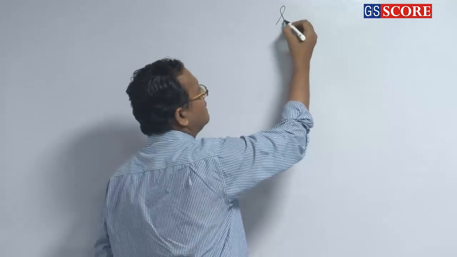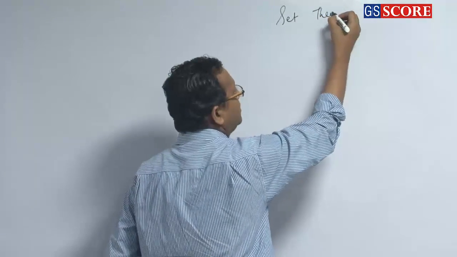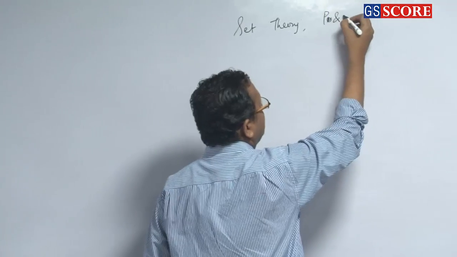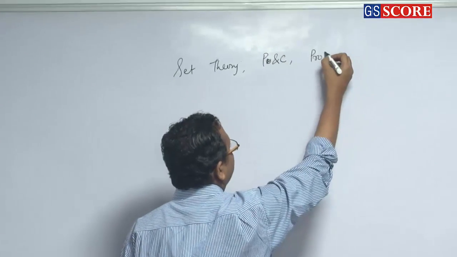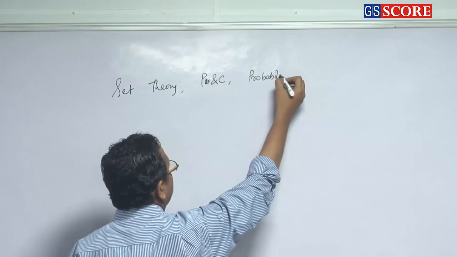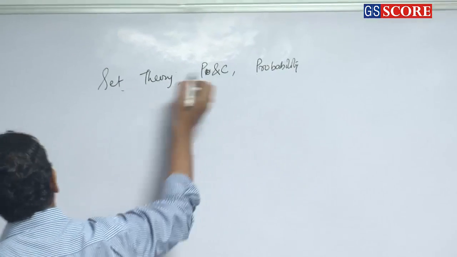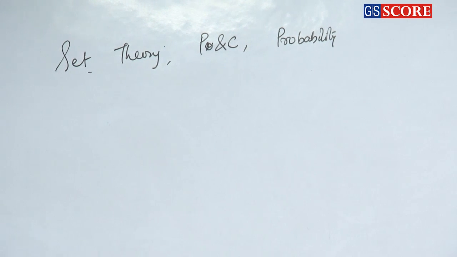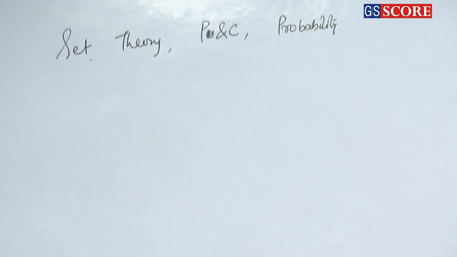Okay, very basic topic today. Set theory and PNC. A little bit of probability at the end, but these two topics are much more important. Now tell me, what do you mean by a set?